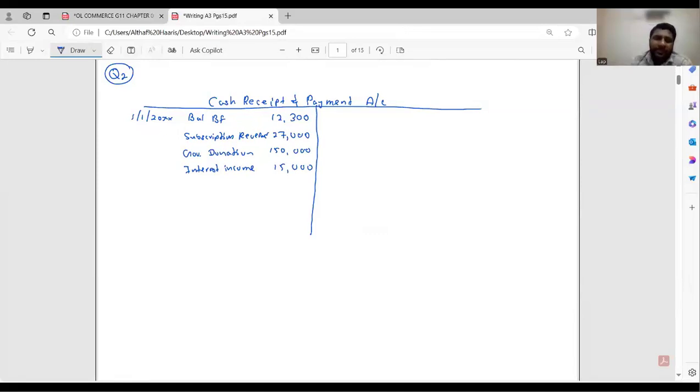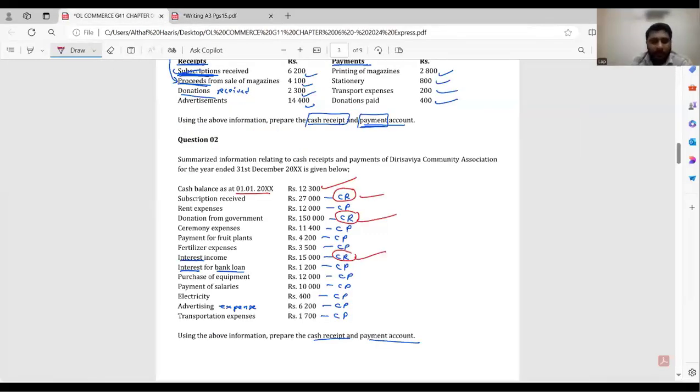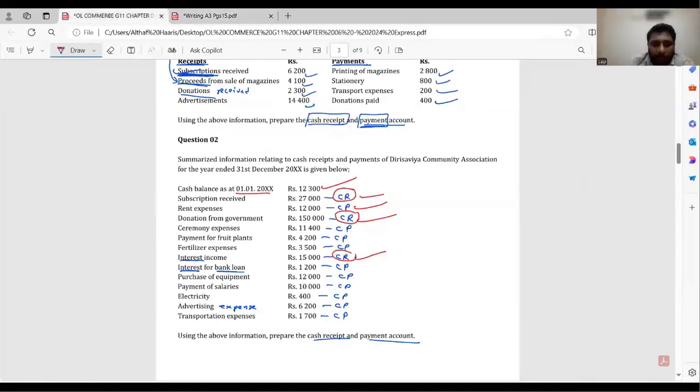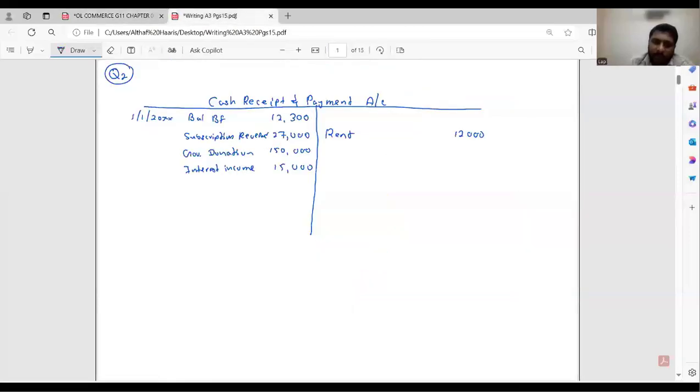Now let's move to the cash payments. Rent 12,000. Then you have ceremony expenses for 11,400.